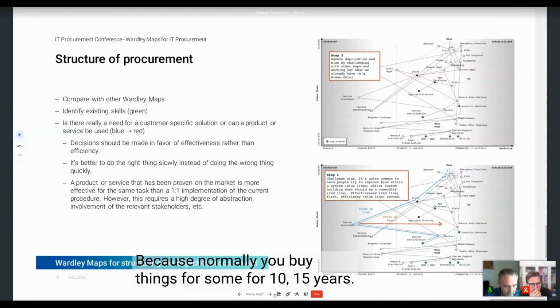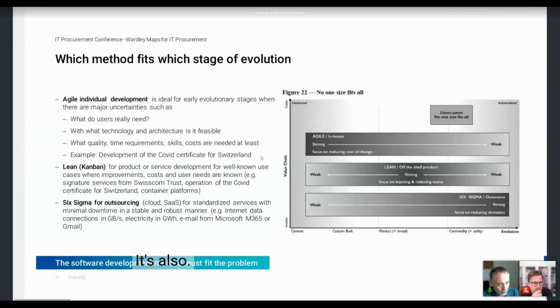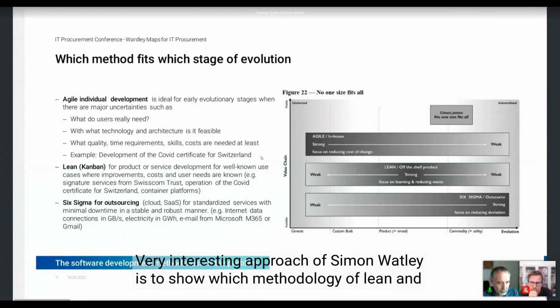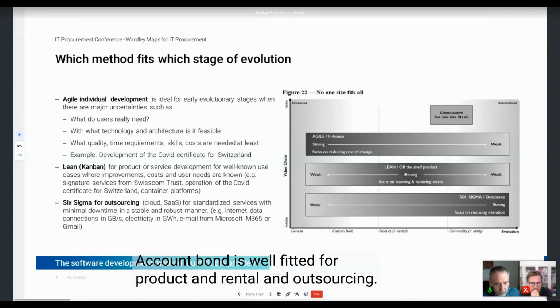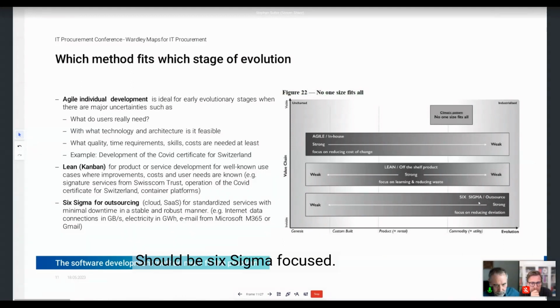It's also a very interesting approach of Simon Wardley to show which methodology of Agile, Lean, and Six Sigma fits well in which evolutionary step. Agile is well for custom built. Lean, Kanban is well fitted for product and rental, and outsourcing should be Six Sigma focused.